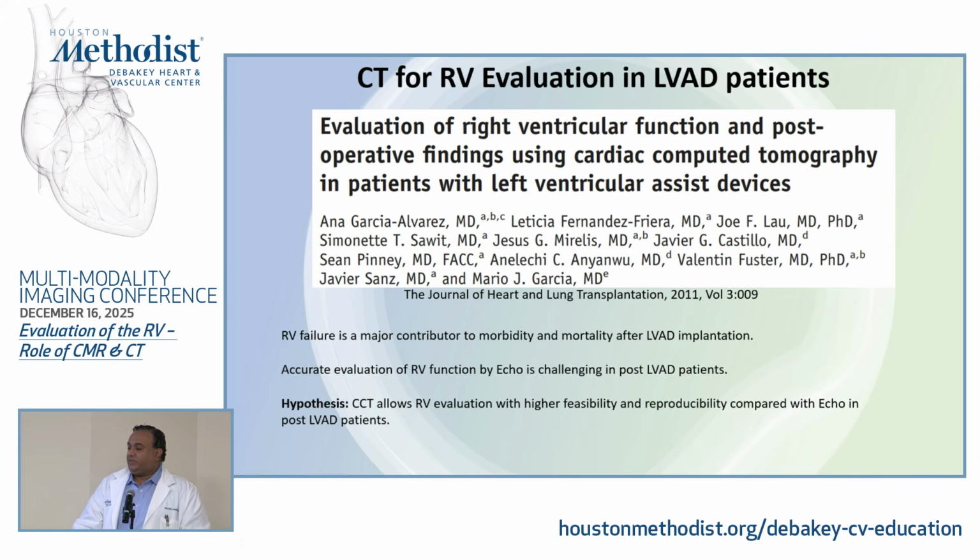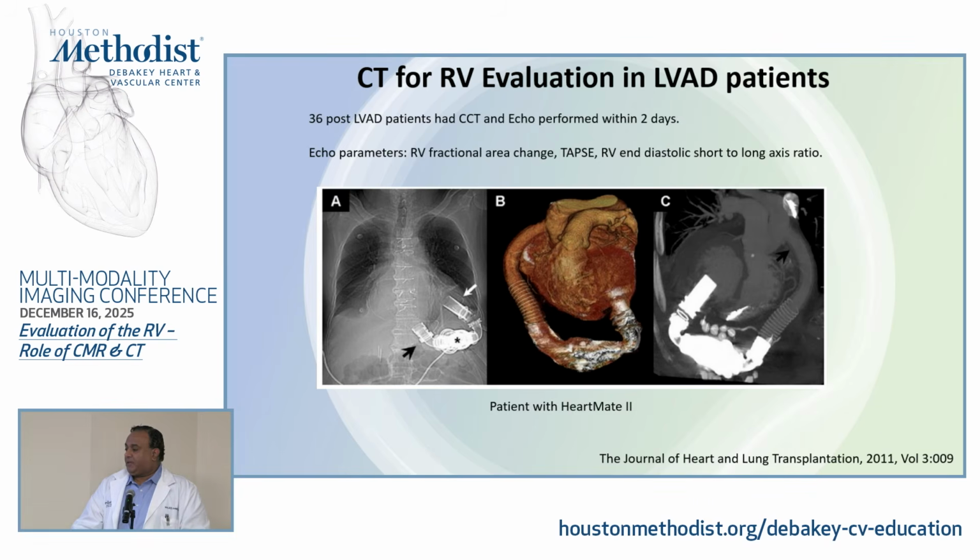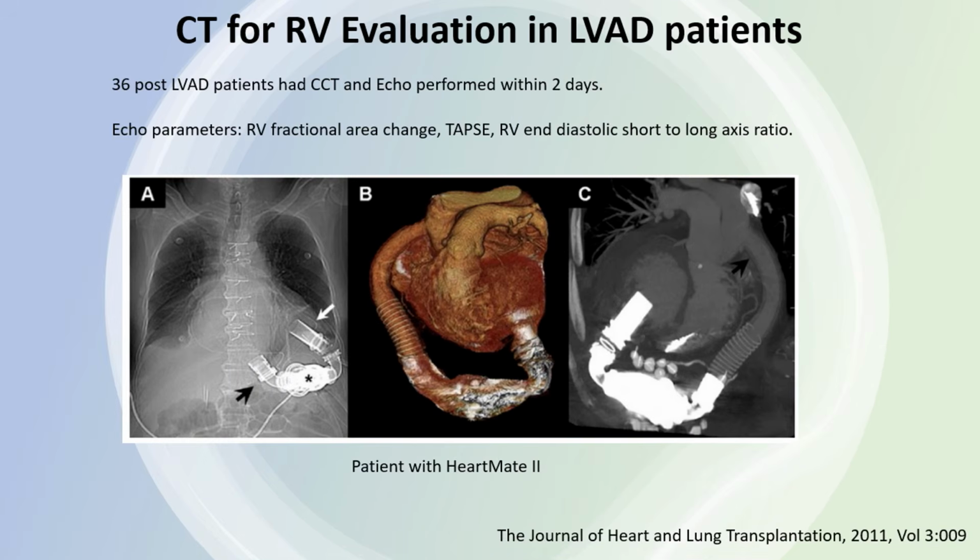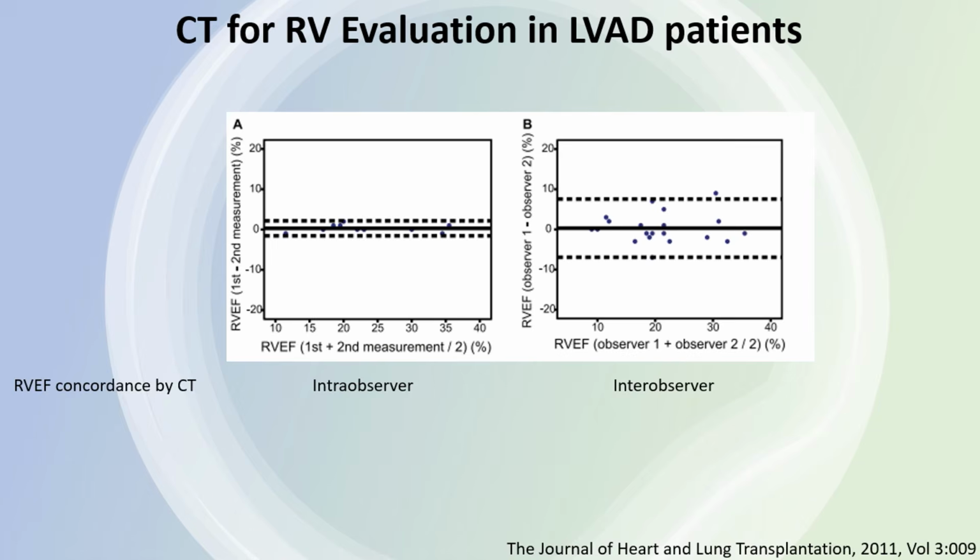So as you know, RV failure is a major contributor to morbidity and mortality after LVAD implantation, and evaluation by echo is challenging with all the hardware there. So here is the anatomy of a HeartMate 2 device. You can see it very well, the inflow cannula coming out of the RV apex, the outflow cannula. This is the image pre-contrast in the planning scan, and this is post-contrast.